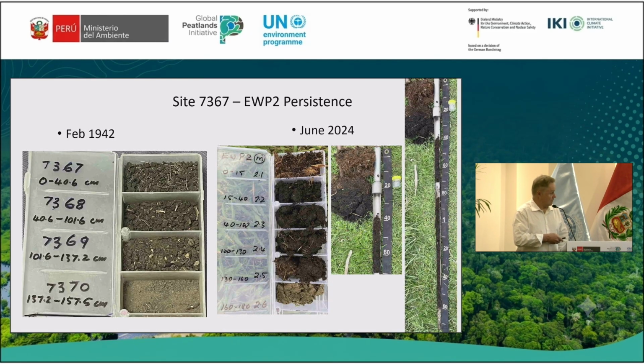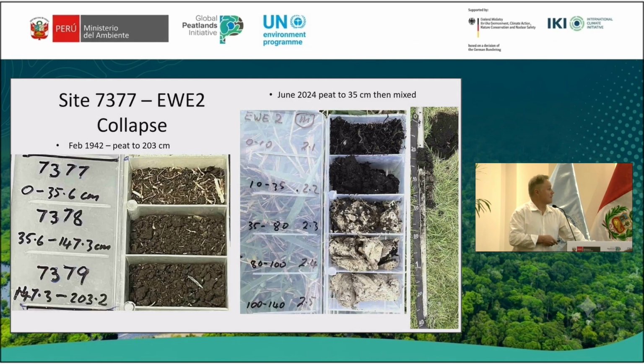That's looking at the original trip trays, and someone was asking me, what is a trip tray? This is what we use for our incubation process. You'll see in this site, persistence: 1942 went to 157 centimetres, 2024 it went to 160, so it's holding. We go to another site, which is where we've seen a lot of collapse. We go to 203 centimetres here, we go to 35 there.